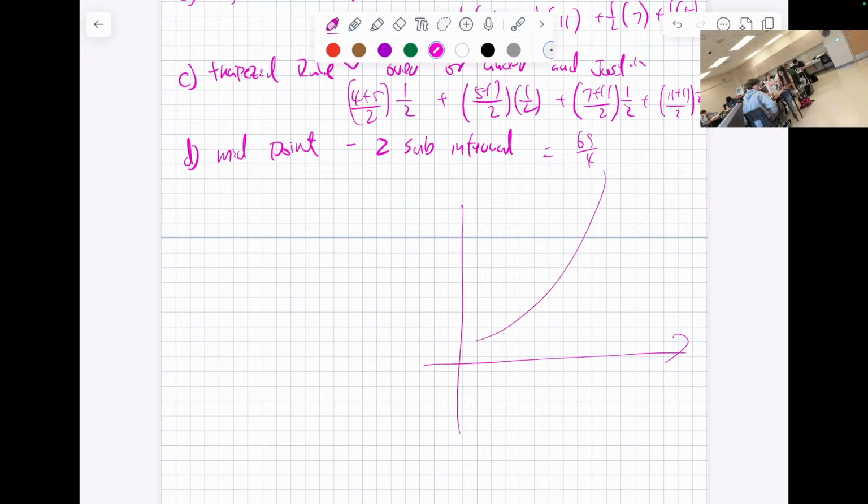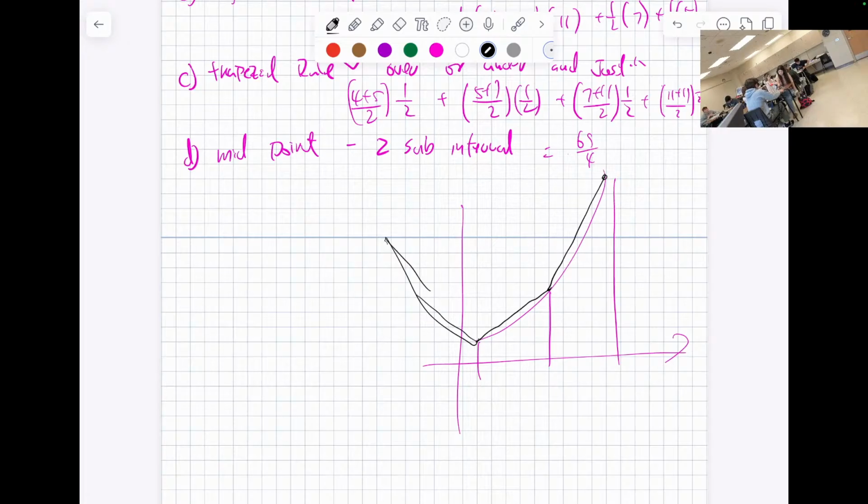If I were to just do 2 and draw it, do you see this? It's slightly over the actual. So that's called over approximation. Why is that over? Because of concavity. Even if it's this way, it's still going to be over.